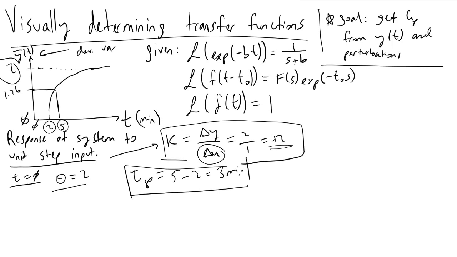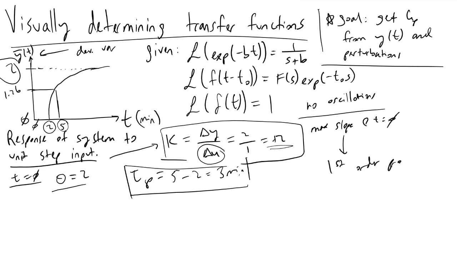And because we're not seeing any oscillations in our system, and by that I mean we're not seeing something go up and then taper off or start doing this kind of oscillatory behavior, and also we have a maximum slope at t equals 0, this indicates we have a first order process, in which case we know that GP is equal to some gain Kp divided by a time constant tau p times s plus 1.